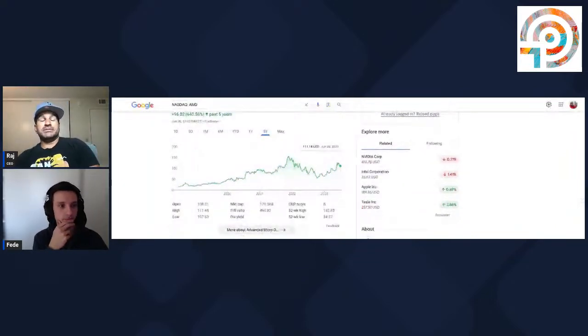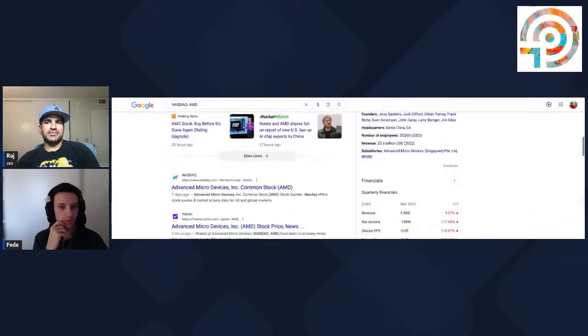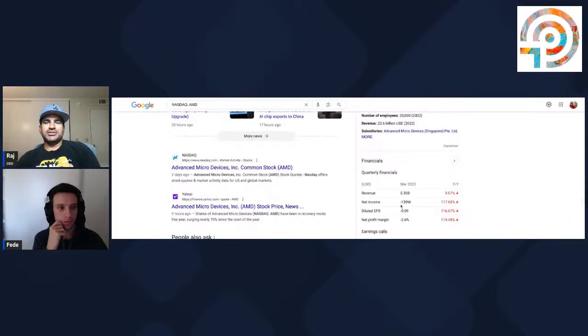But their market cap is way smaller. NVIDIA's market cap is 1 trillion plus, and AMD's is 179 billion. So when you're that much bigger than your competition, you can just shut them down whenever they're trying to make a move on you. And their financials are not looking good. March 2023 is when they did their earnings report.